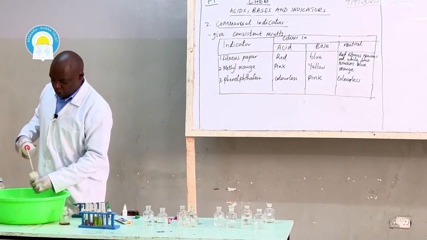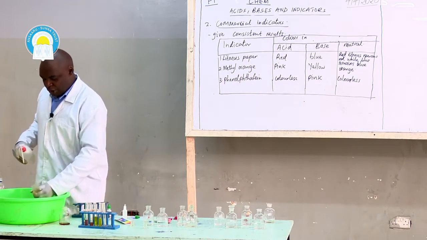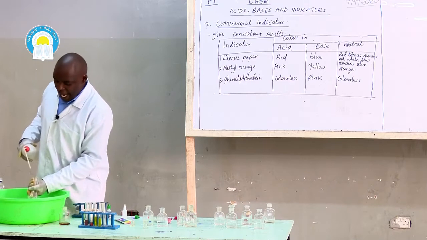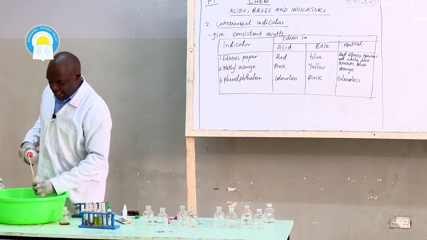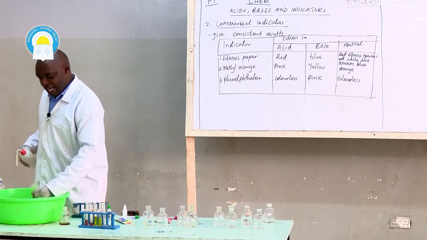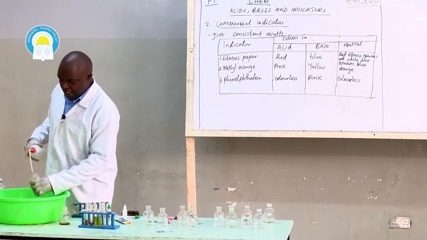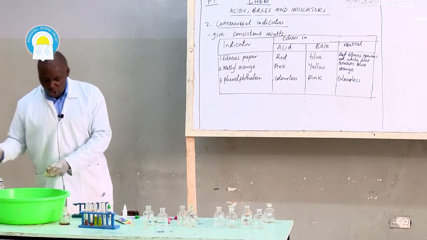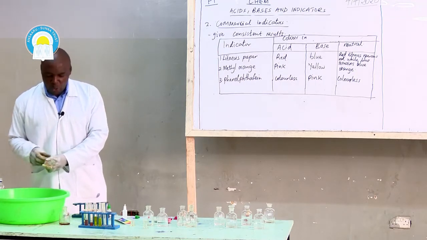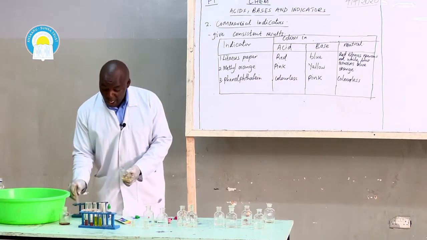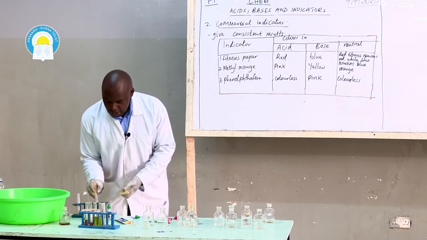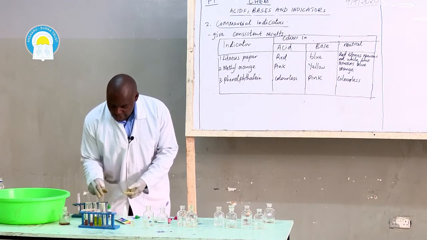Hydrochloric acid, nitric acid, sodium hydroxide, ammonia solution, distilled water, and sodium chloride will show the same color. But we know that not all those solutions are the same. Some acids and bases are stronger than others.